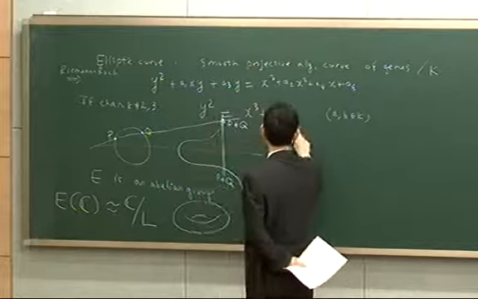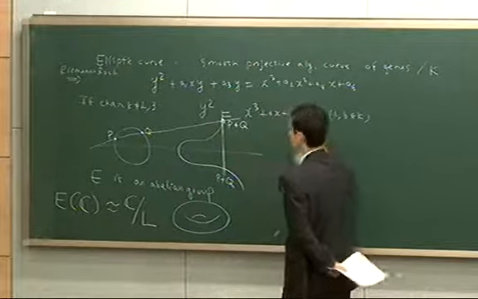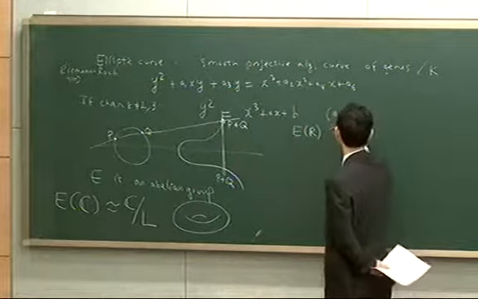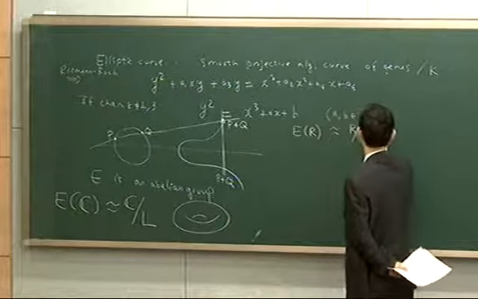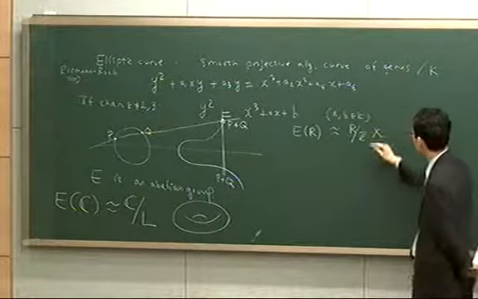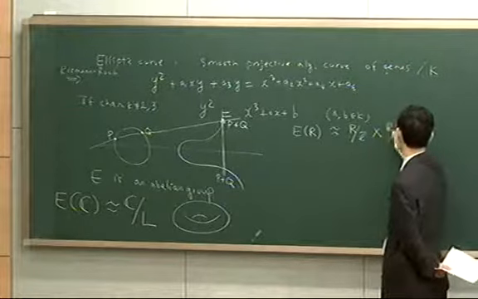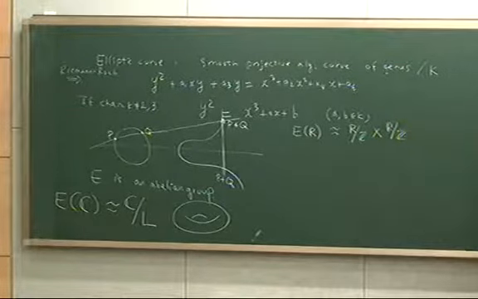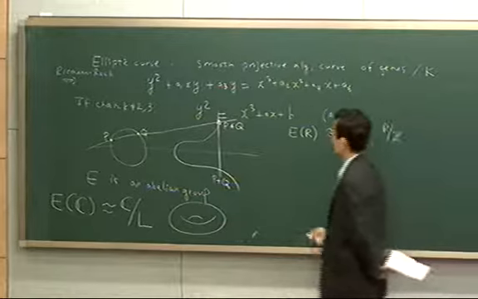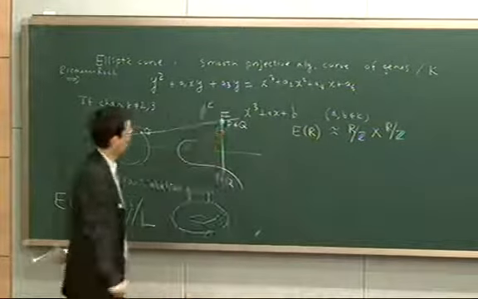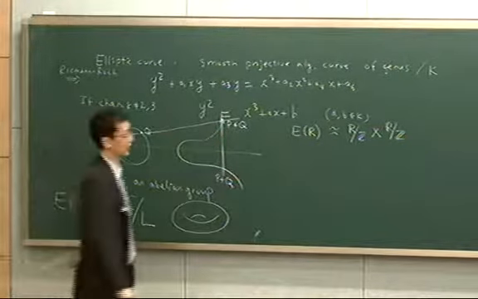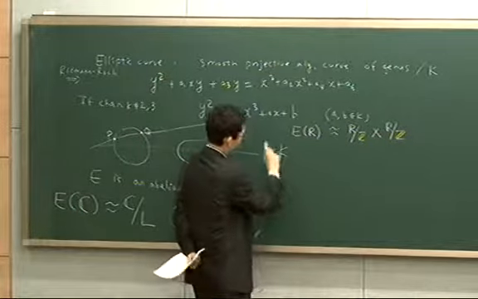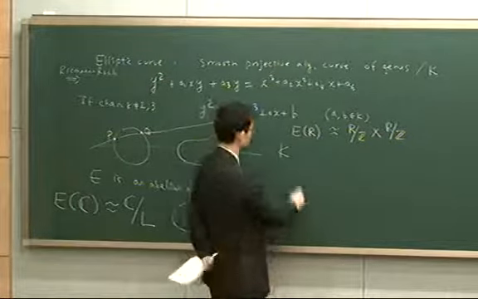And over R, the structure is isomorphic to 2 copies of S1, 2 copies of the unit circle. And the important arithmetic property is that over a number field K, it defines a finitely generated abelian group.